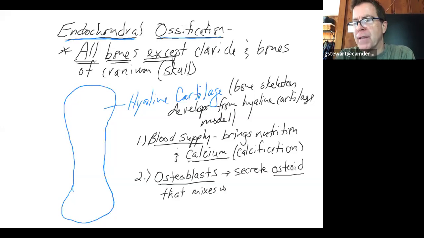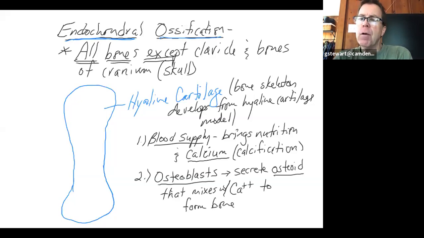It incorporates the calcium into the osteoid is technically what it does, to ossify or to form bone. And if you know those two steps, what you read in your textbook will then sort of make sense.